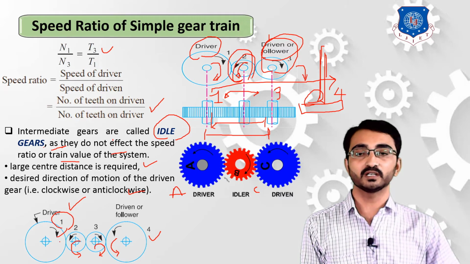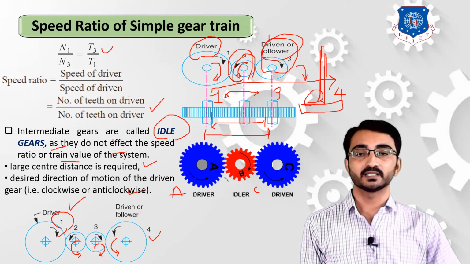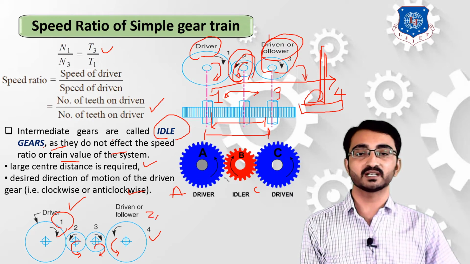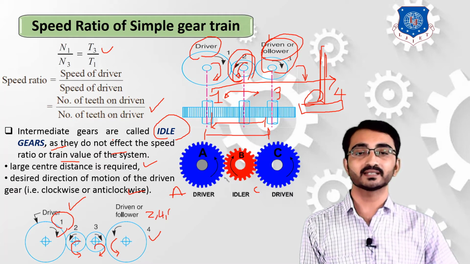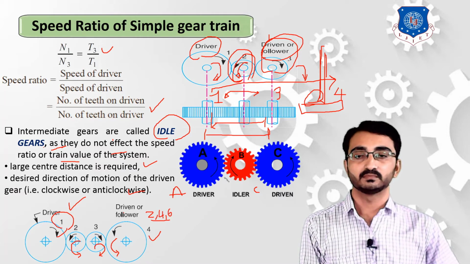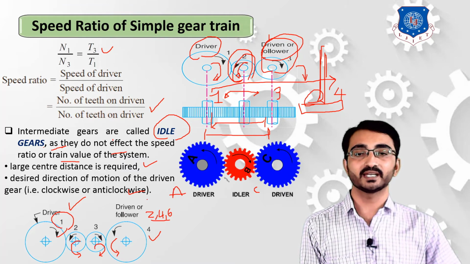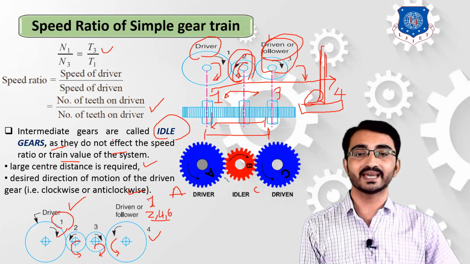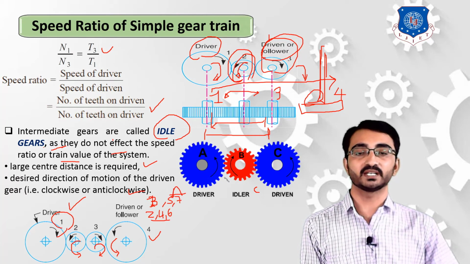So if you want to achieve the opposite direction, you can use combinations such as 2, 4, 6 gears in the gear assembly. And if you want power transmission to take place in the same direction, you can use combinations such as 3, 5 or 7 gears in a simple gear train.